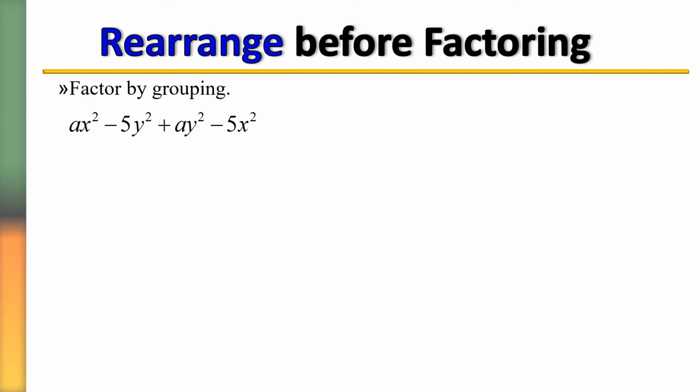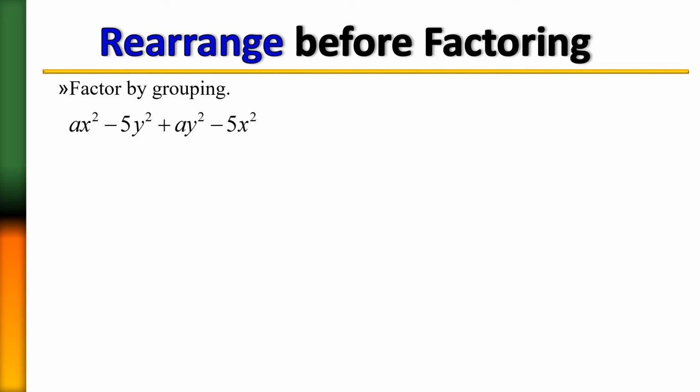Okay, let's factor this polynomial using the factor by grouping method. So if we were to group them into 2 and 2, and you look at the first group and say, I don't see anything they have in common other than 1. You look at the second group, they don't have anything in common either other than 1.